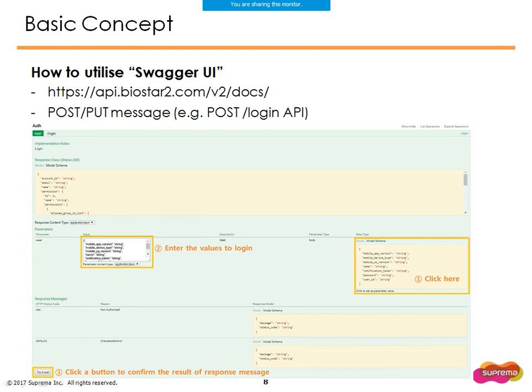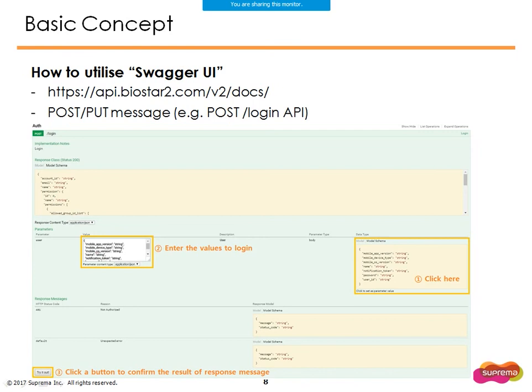I will give you an example of the way to utilize this tool by using the login API. The first step is to click the yellow box about the model schema in the parameters section. Then, the JSON structure in this box will be copied and pasted into the white box automatically.